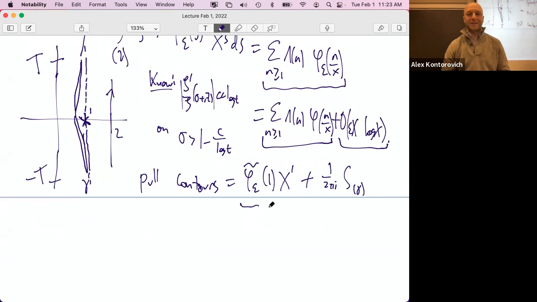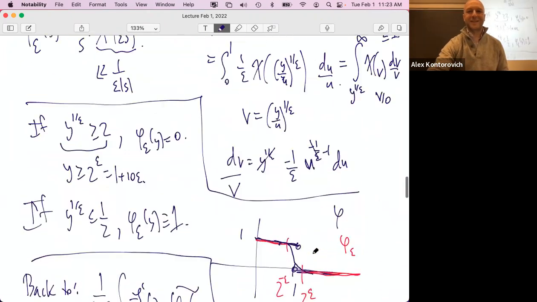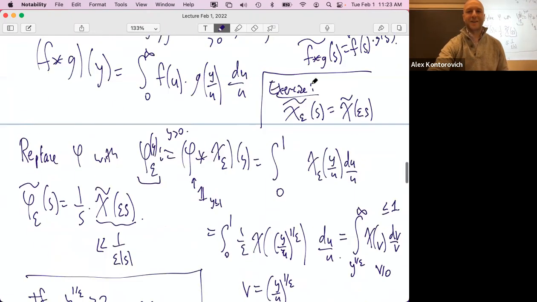By the way, what is this? This is psi tilde of 1 times chi tilde epsilon of 1, which is chi tilde of epsilon times 1, because the Mellin transform of chi epsilon is just the original Mellin transform evaluated at epsilon times s.